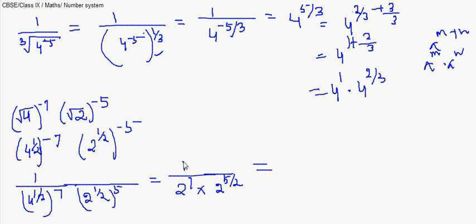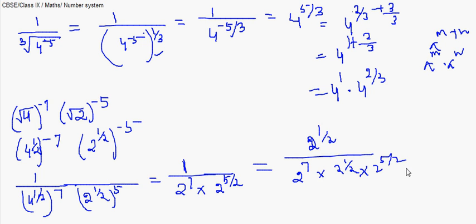Now I can just write 1 by 2 to the power 7 into 2 to the power 5 by 2. If I need to cancel, I write 2 whole 1 by 2 in the numerator and write the same in the denominator. What do I get?